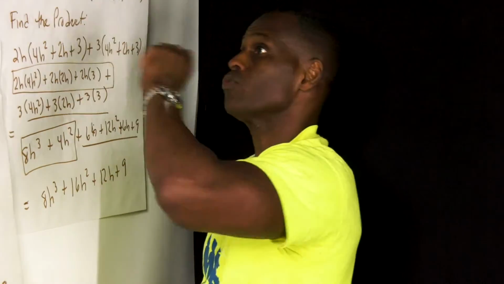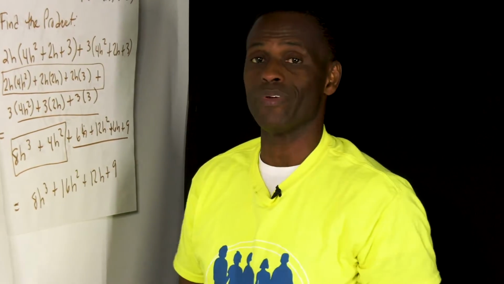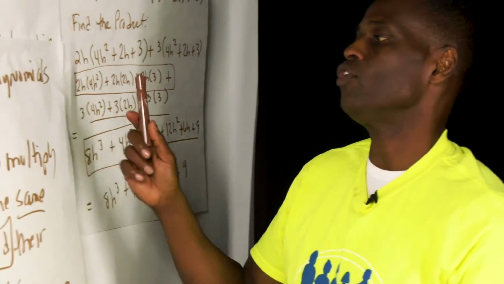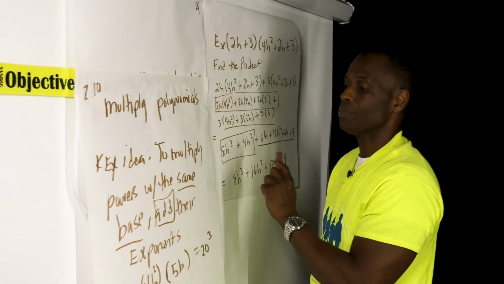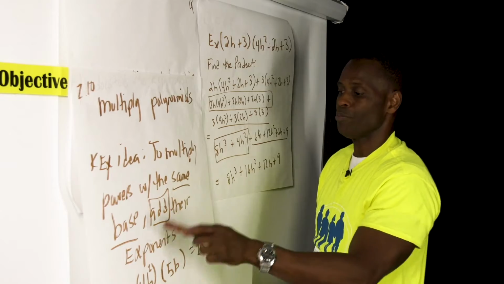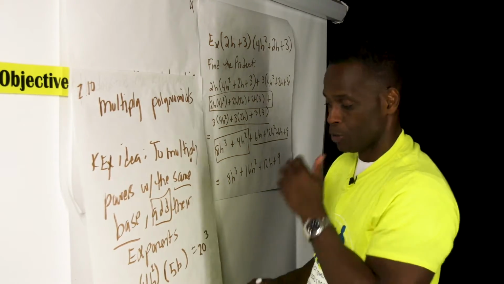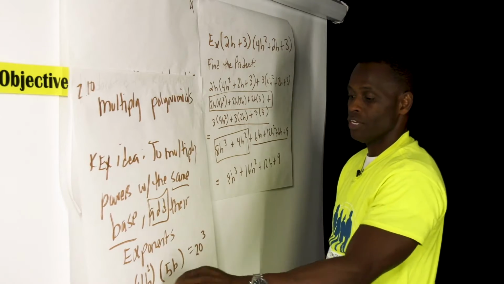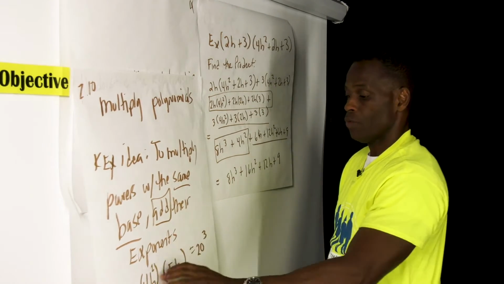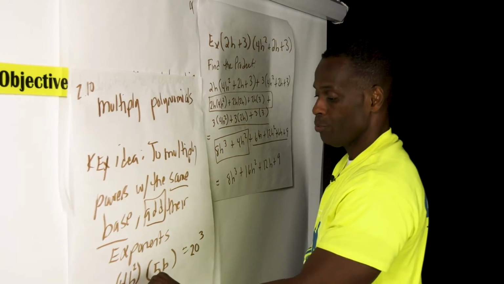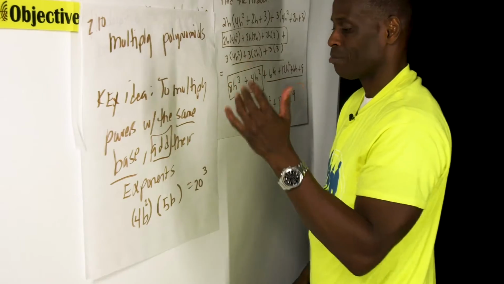So we're in 9th to 12th grade algebra for Algebra 1. The objective we're covering today is multiplying polynomials, poly meaning many. The key idea is how to multiply powers with the same base: you add their exponents. For example, if we're multiplying 4b squared times 5b, we multiply the coefficients. 4 times 5 is 20, that's basic math.